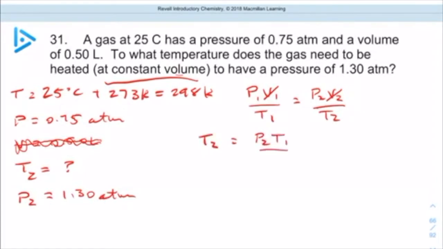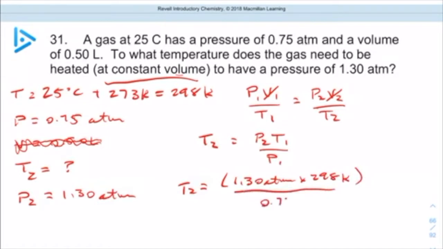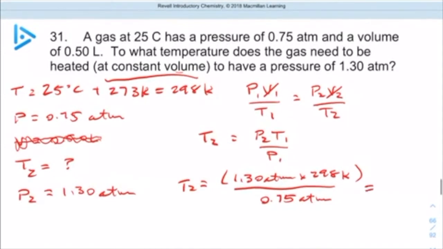So T2 equals P2 T1 over P1. So plug things in: 1.30 atmospheres times 298 K over the original atmospheres, and we find that that equals 517 Kelvin.